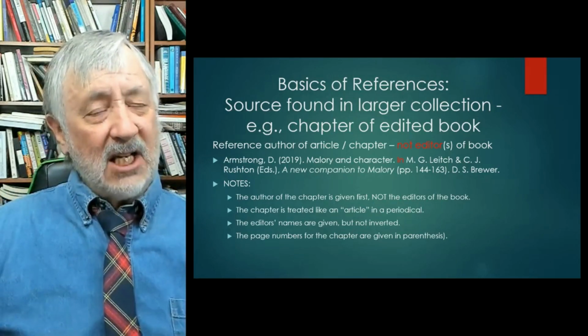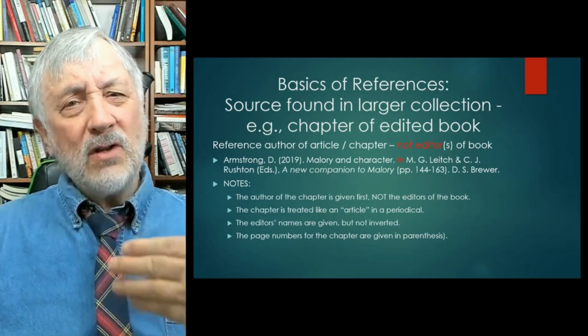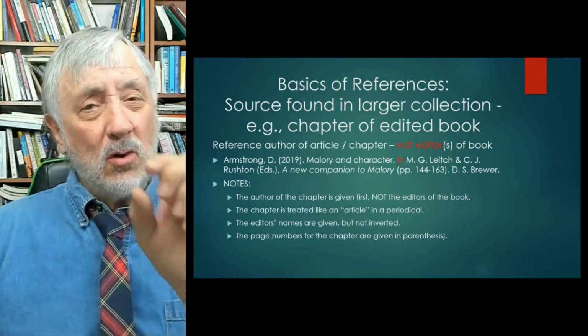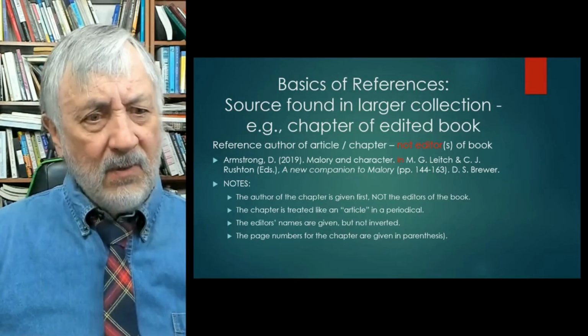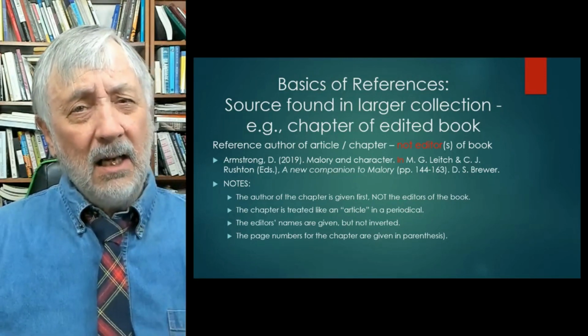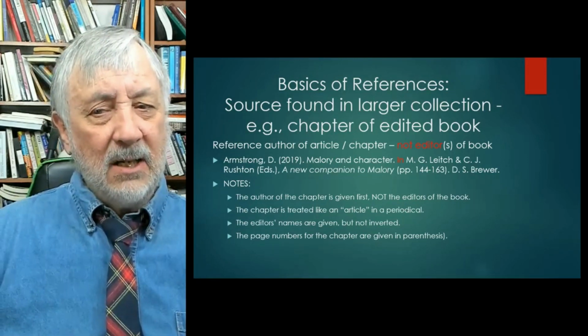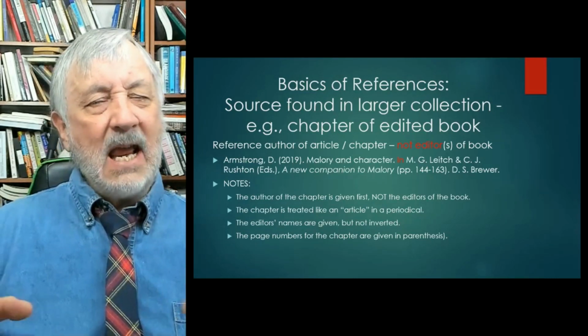So say you have a textbook and it's got a bunch of chapters written by different people. You are not referring to the entire textbook. You're referring to the one chapter. In the example that we have here, Armstrong, D., that's the author of the chapter, 2019. It was published in 2019. And Mallory and Character, that's the name of the chapter.